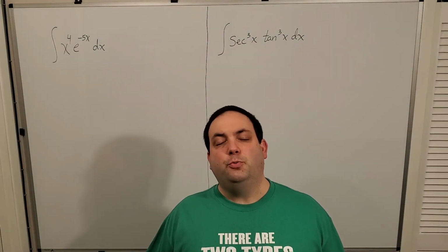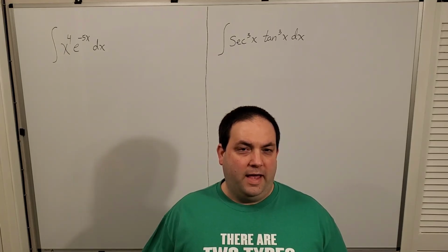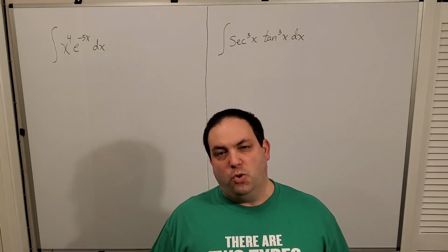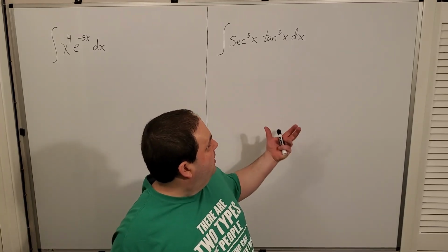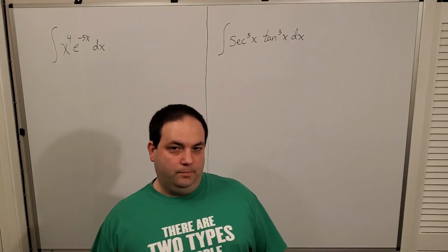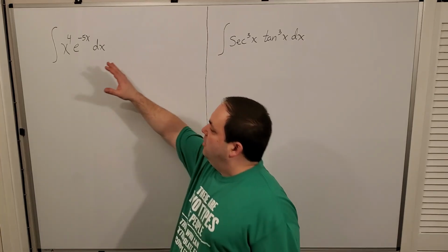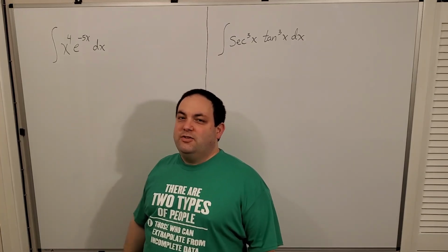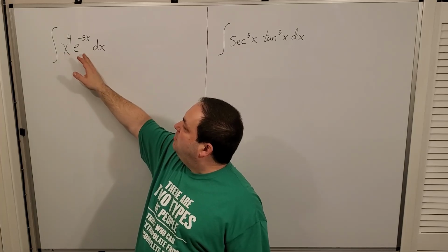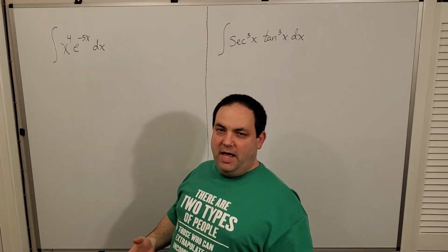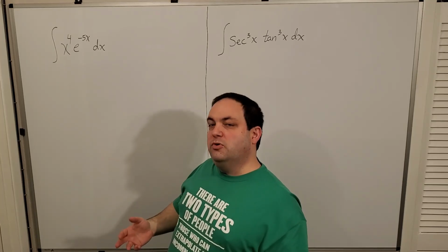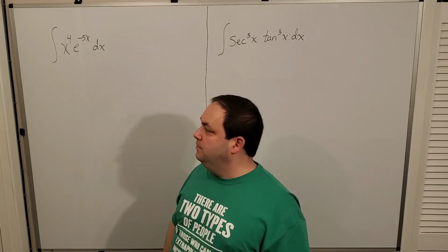Here are the first two problems on this test that kind of started off our unit the same way. We have a by parts integral and an advanced trigonometric integral. Starting here, I know that this is a by parts integral because I've got the multiplication of two functions and I can't just do an antiderivative of that with a normal substitution or something straightforward.